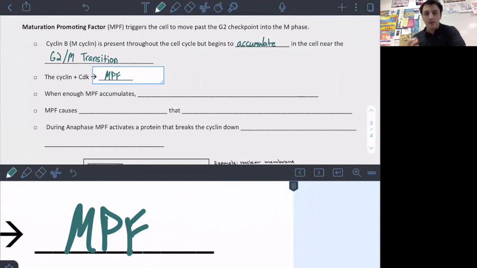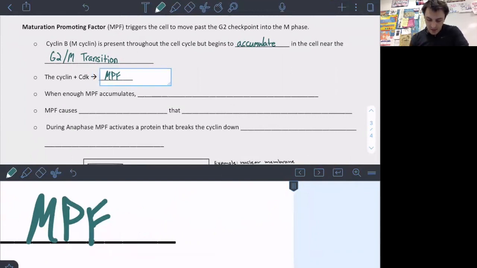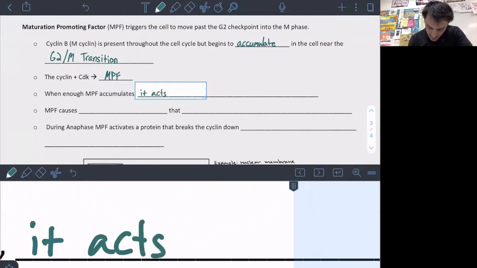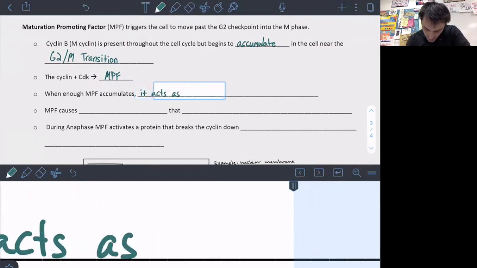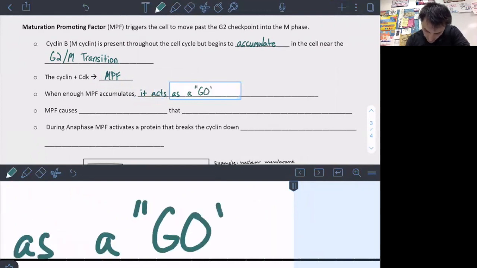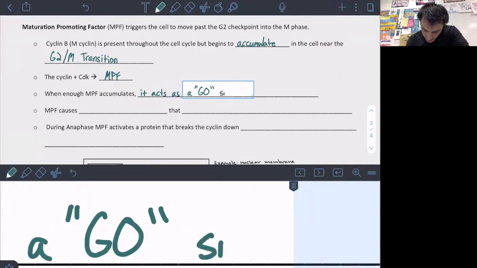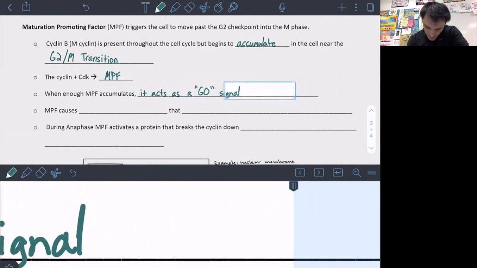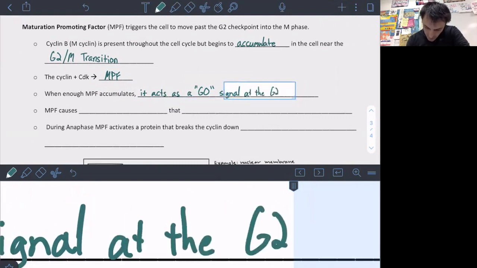So if enough of this MPF accumulates, it acts as a go signal at the G2 checkpoint.